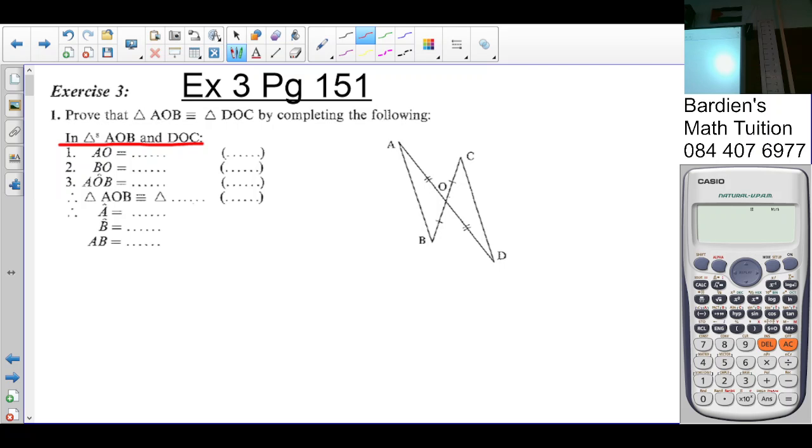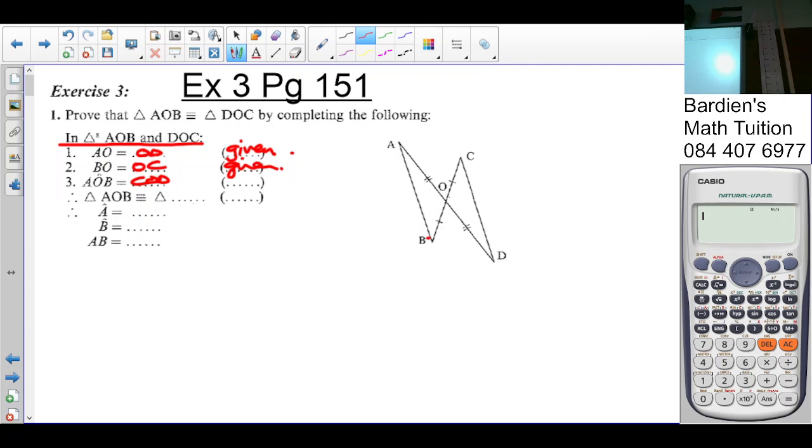Alright, so AO is equal to OD. Why? Given. BO is equal to OC. Why? Given. Angle AOB is equal to angle COD.